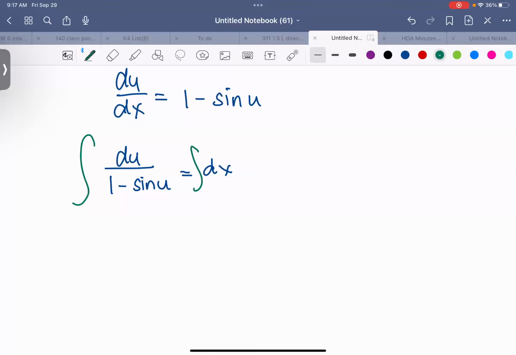What identity would you use? Square. I wouldn't, but I know where you're going with that.